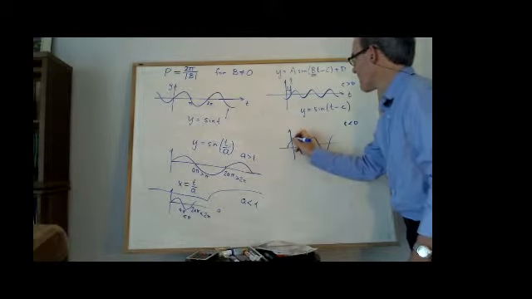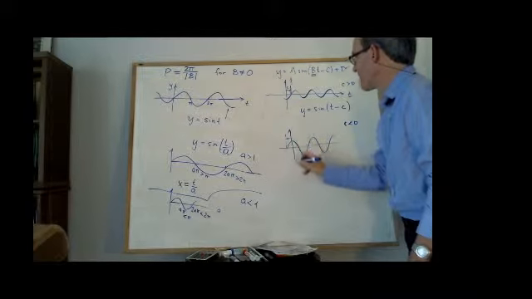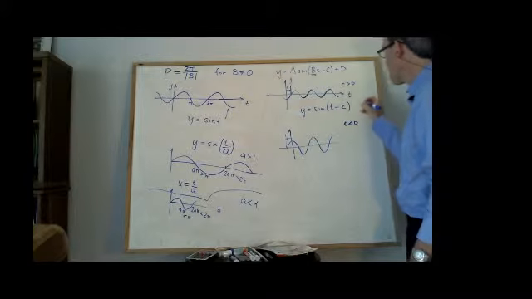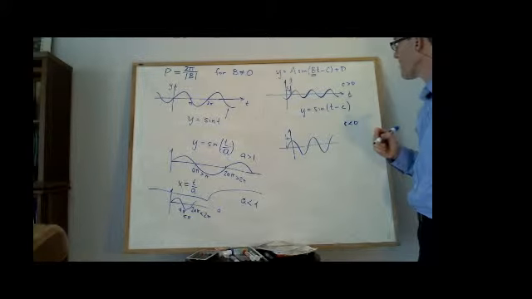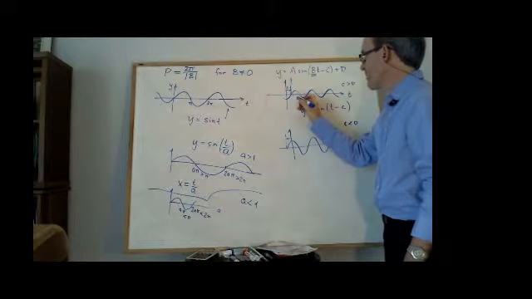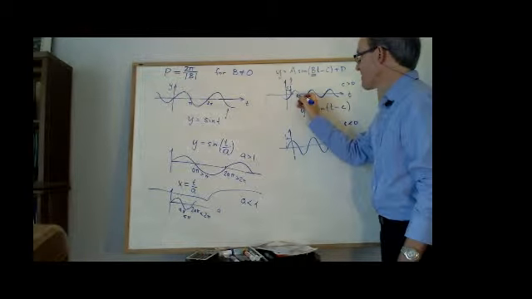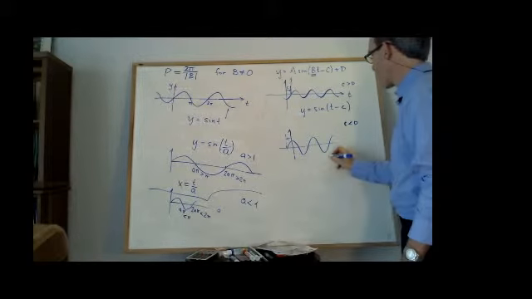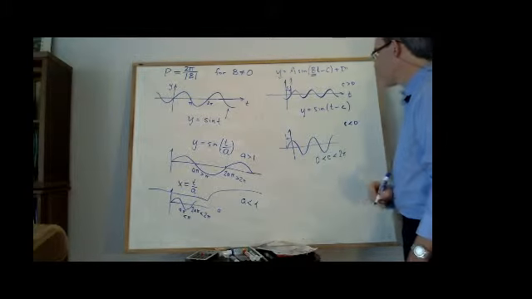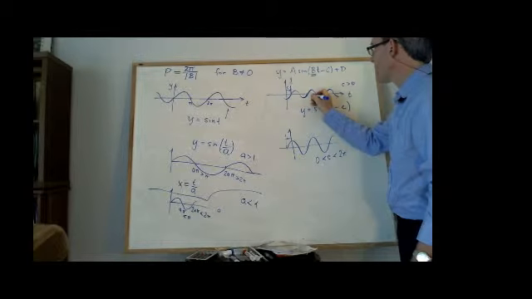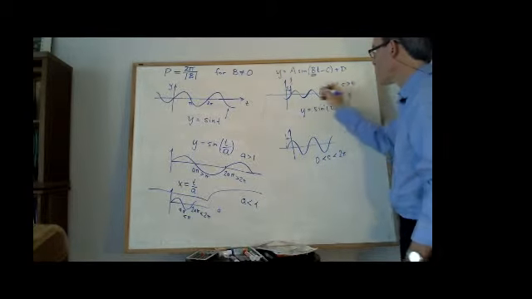By the way, this value of c is called the phase shift. It can be any number, but you can characterize it by a number between 0 and 2 pi. If you have another phase shift which takes you up to here, that's just adding 2 pi to the original phase shift.